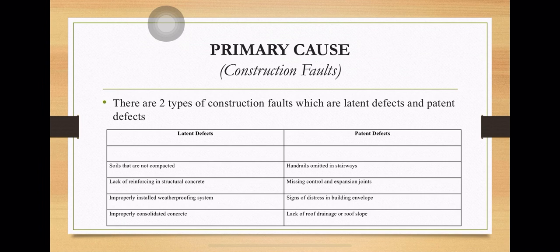So the examples of latent defects are soils that are not compacted, lack of reinforcing in structural concrete, improperly installed weatherproofing system, and improperly consolidated concrete. And for patent defects, handrail omitted in stairways, missing control and expansion joints, signs of distress in building envelope, and lack of roof drainage or roof slope.